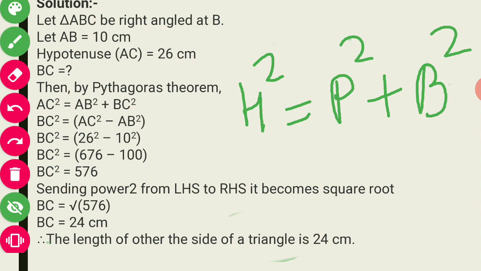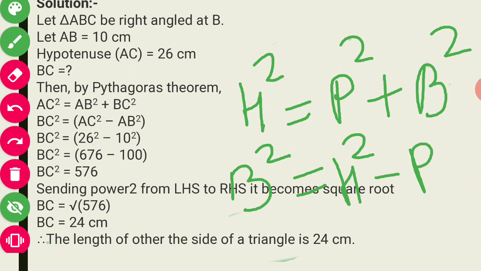Now since you have to calculate the base here, what we will do, from the hypotenuse square we'll subtract the given perpendicular square. So this only is done here.